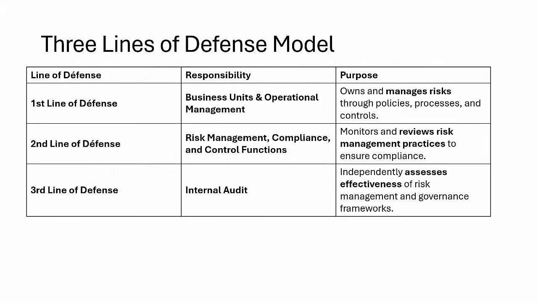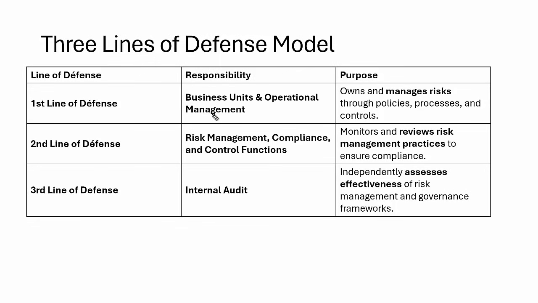So we have a next topic, which is called the three lines of defense model. Very, very important. In every organization, you can see the three lines of defense, widely accepted as a management framework which clarifies the roles and responsibilities in the organization. So the first line of defense is the business units and operations management. You can say business unit, IT operations, security analysts, system administrators, developers.